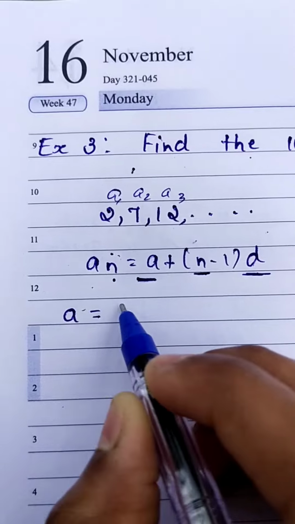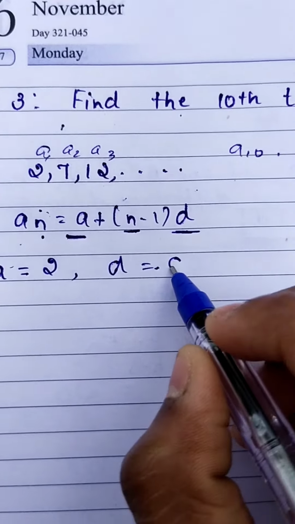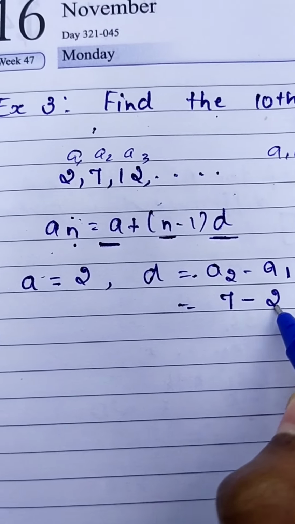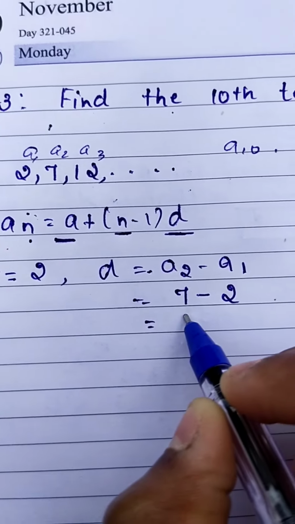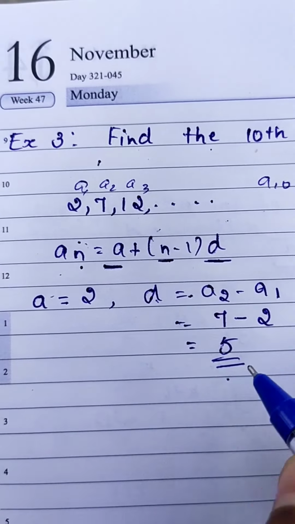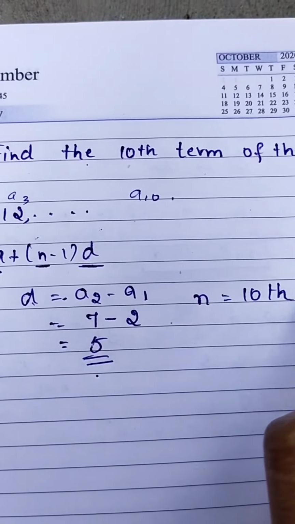a is equal to 2, and d is a2 minus a1, 7 minus 2, which is 5. So the common difference is 5, and n is 10, since they asked for the 10th term.